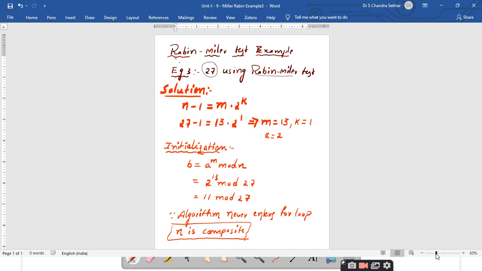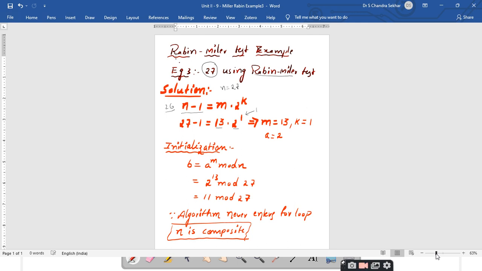Step 1 is to compute n minus 1. Here my n value is 27, so n minus 1 is 26. I express this 26 in terms of 2 power k into m, which is 13 into 2 power 1.